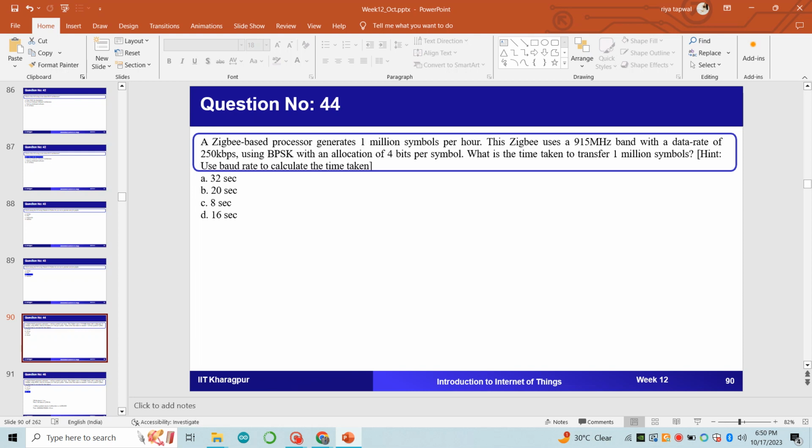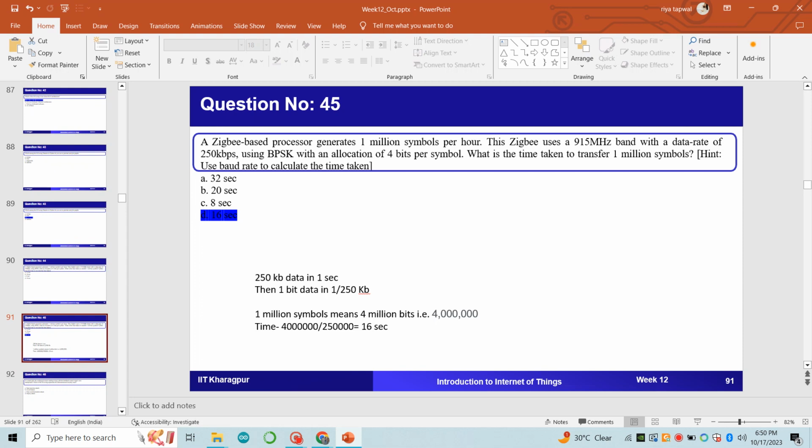Now you have to calculate the time for sending 1 million symbols. In 1 million symbols, it is given that 4 bits are there in one symbol. So total bits is 4 million, right? So in order to send 4 million bits, what is the time? 4 million multiplied by 1 by 250 kb.